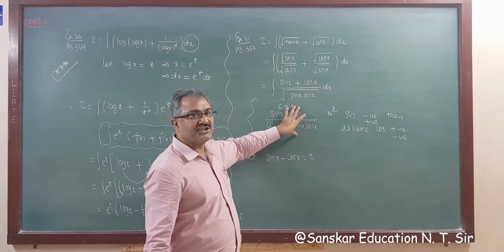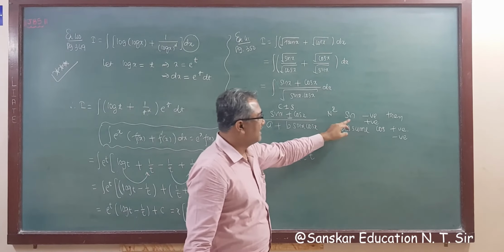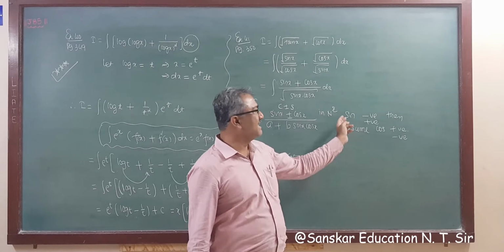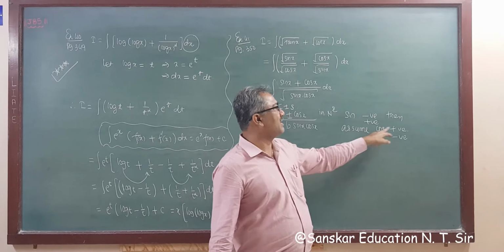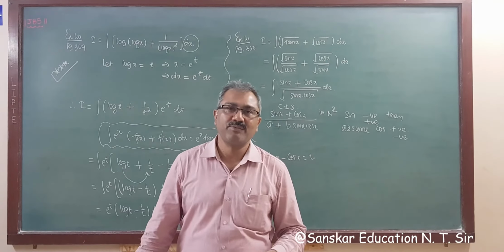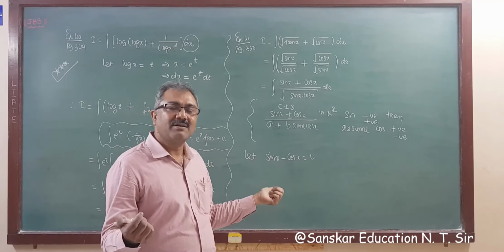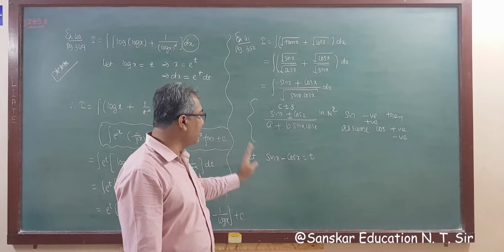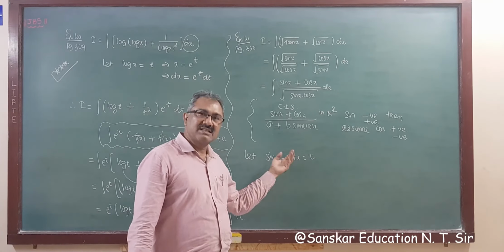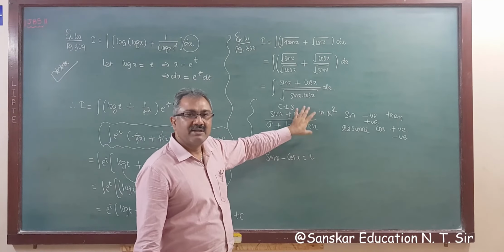In this type of question, in the numerator, if sin is negative, then assume cos positive, and if sin is positive, then assume cos negative, right? But what about sin? The derivative of sin is cos x, so no worry about sin, right? So sin minus cos. This is a trick for solving this type of question.